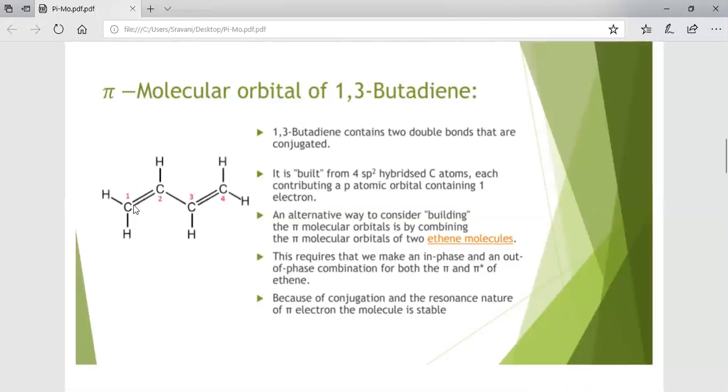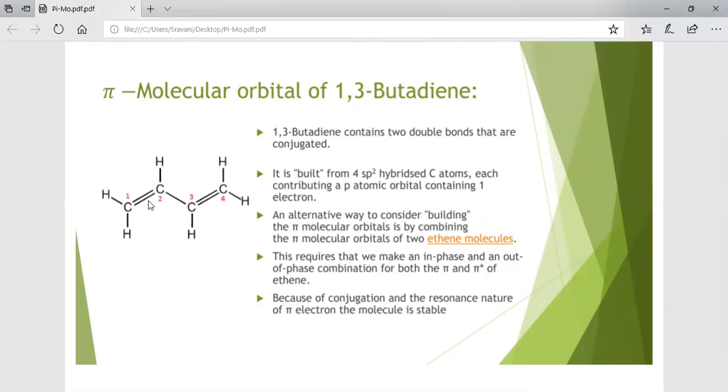Each atom contributes a p atomic orbital which has 1 electron each. Here we observe the double bonds, and we see 2 double bonds within the structure. That means 4 electrons. These 4 electrons won't stay in one place at one time.